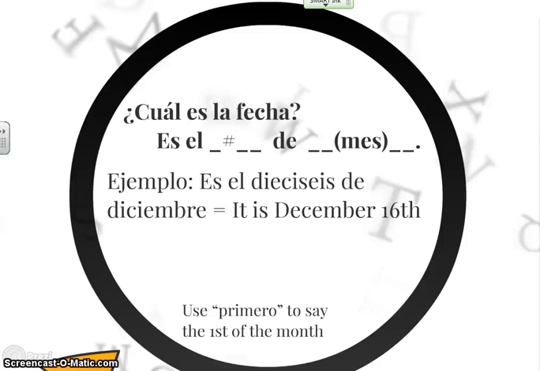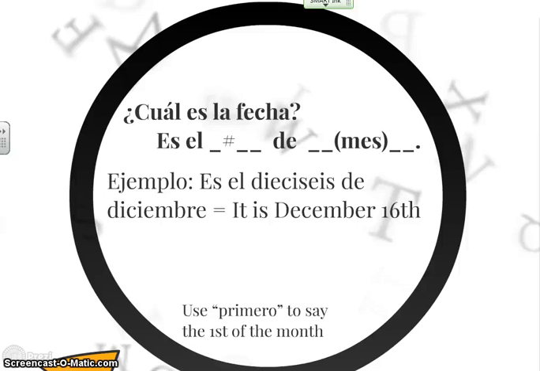Es el, and then you use the number first, and then say de, and then the month, or mes. So, for example, you could say, es el 16 de diciembre, to mean it is December 16th.